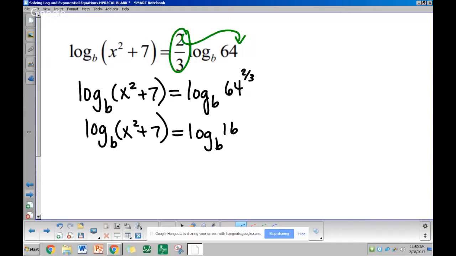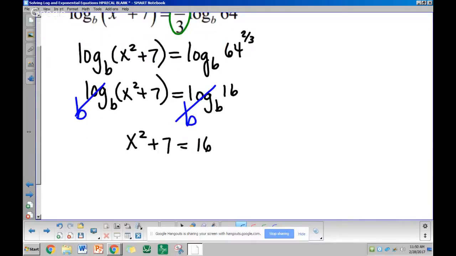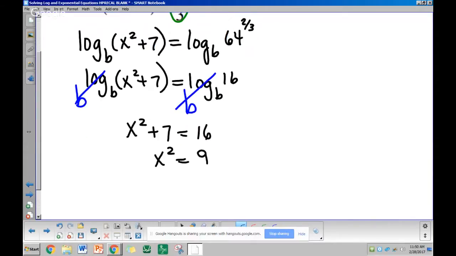Now, we have to do the inverse operation here, so we're going to exponentiate, and that causes these to go away because they're inverse operations. And then I get x squared plus 7 equals 16. X squared equals 9. X equals plus or minus 3.